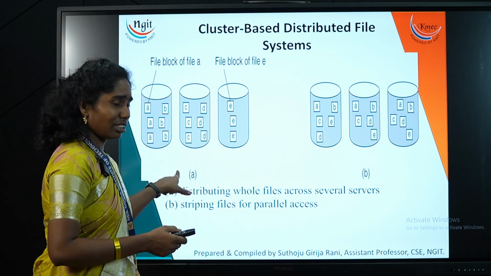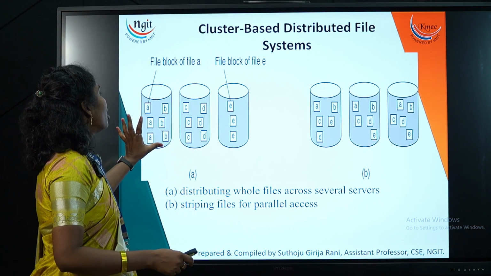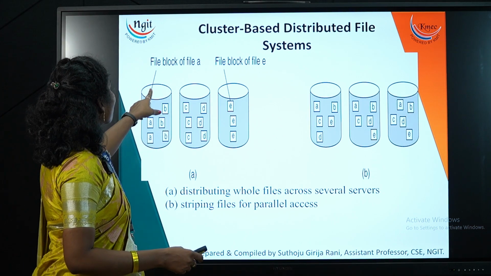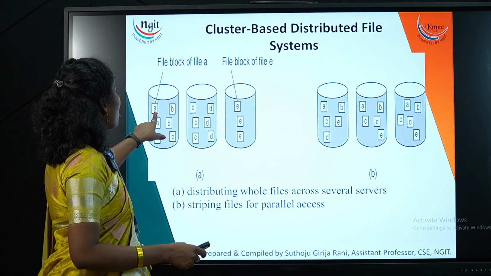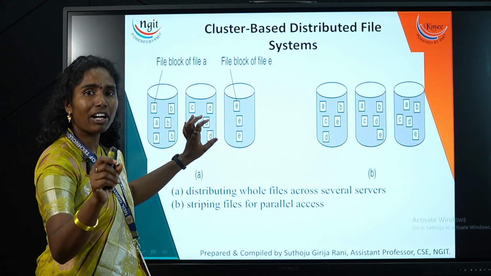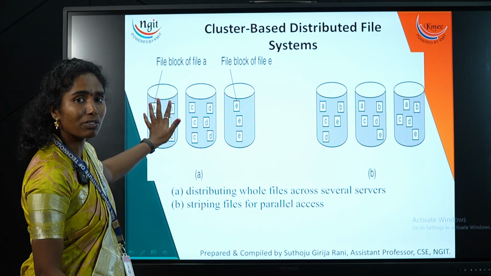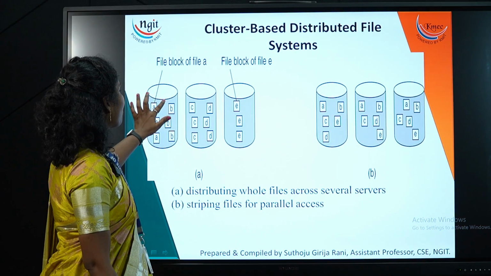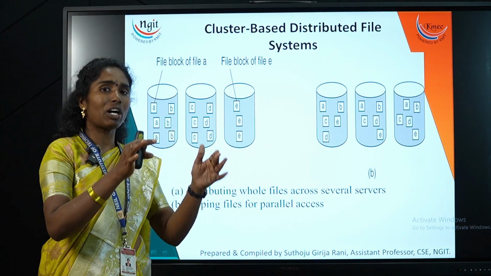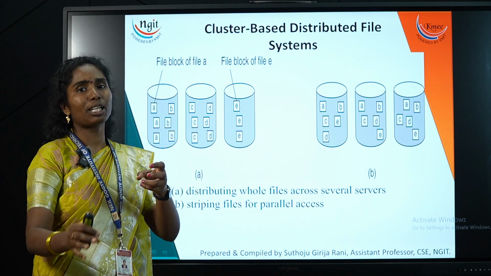Now coming to the first type, this is a type of mirroring we can say. Here we are going to have a file in one block and all its replicas also will be available over there. Like that, B and all its replicas, C and all its replicas. So like this, in one database itself we are going to have the original file and all its replicas.